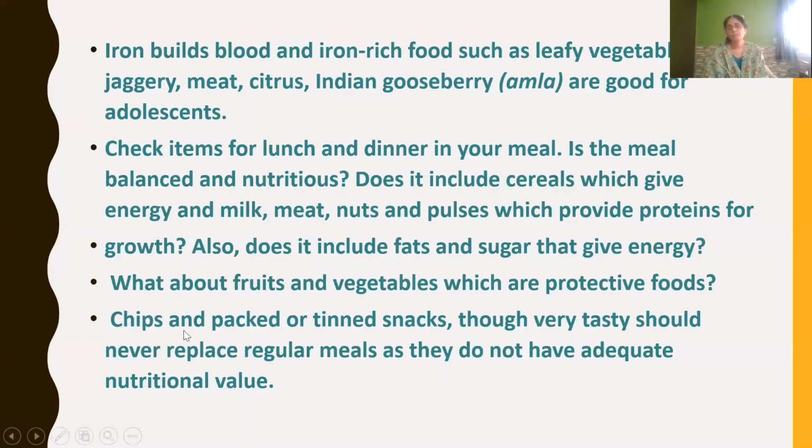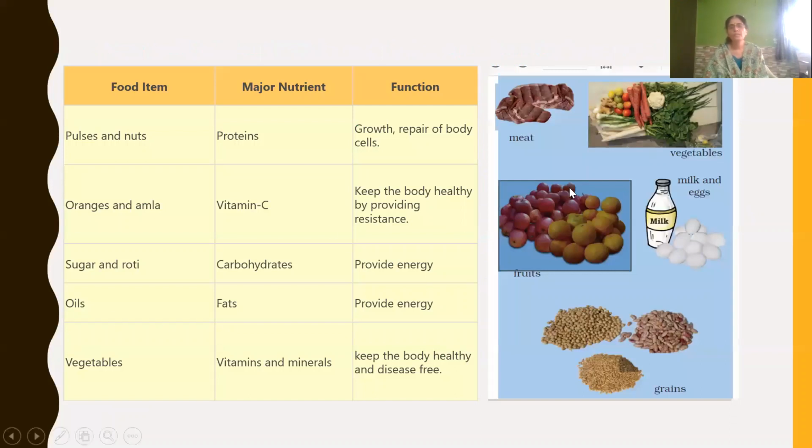Chips, packed items or tinned snacks, though very tasty, should never replace regular meals, because they do not have adequate nutritional value. You can see here some food items. What are the major nutrients and their functions? Pulses and nuts have protein, which is very essential for growth and repair of body cells.